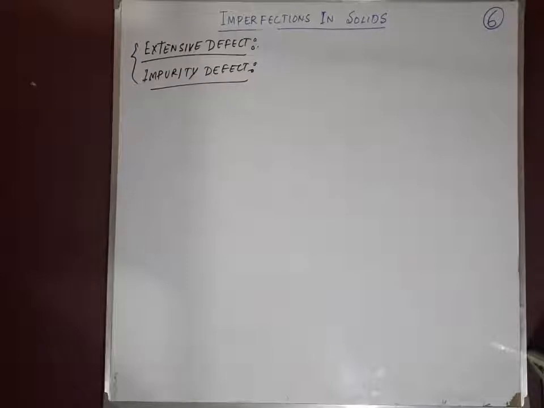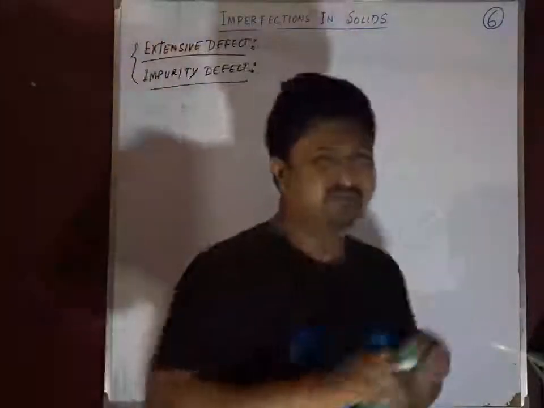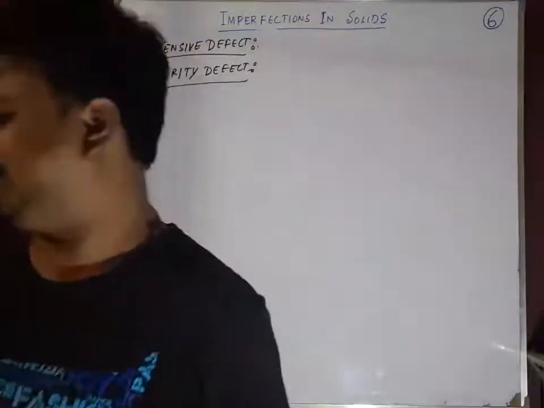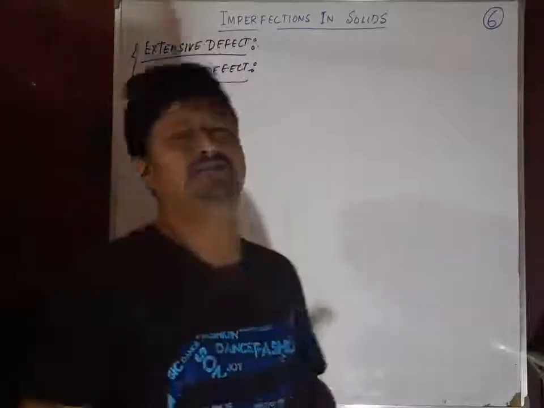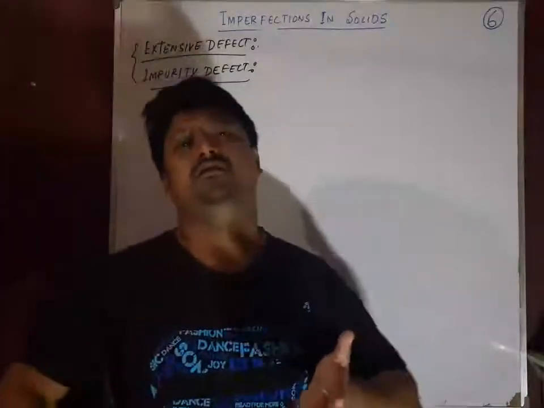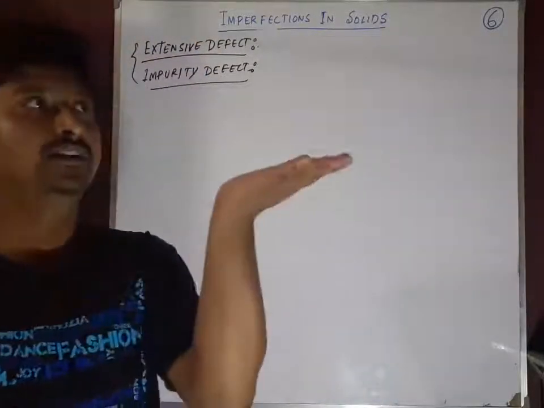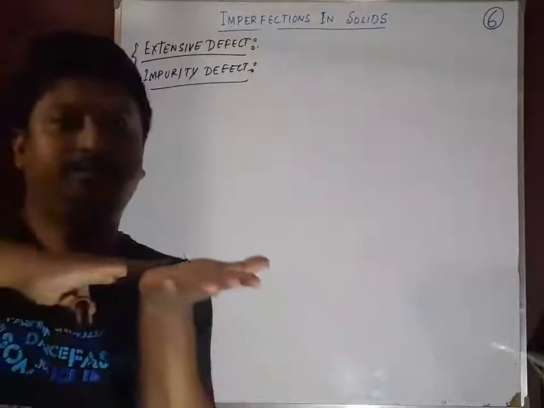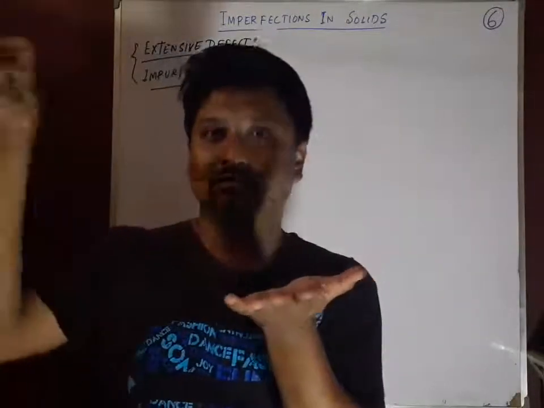So this impurity defect is basically, think very simply. Impurity means you have a pure substance and you add some foreign particles which are not part of it. Let's say if you have a silver lattice, you add mercury.